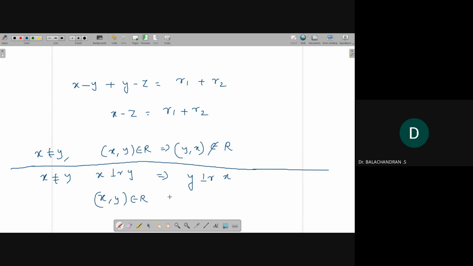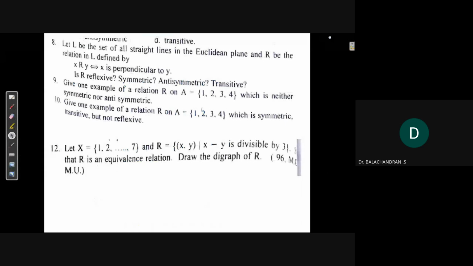X is related to y, but finally you are getting y is also related to x. But as per the definition, y is not related to x. So that's why this relation is not antisymmetric. It is only symmetric.